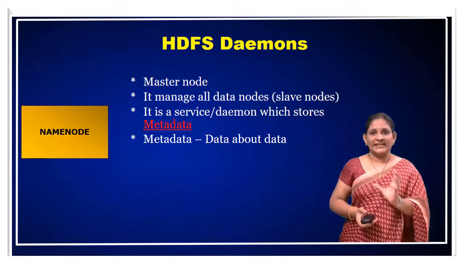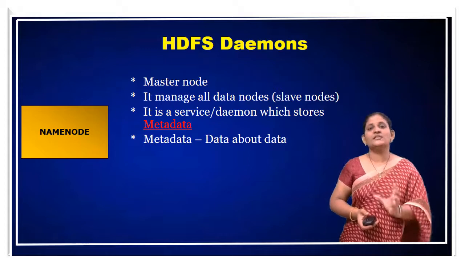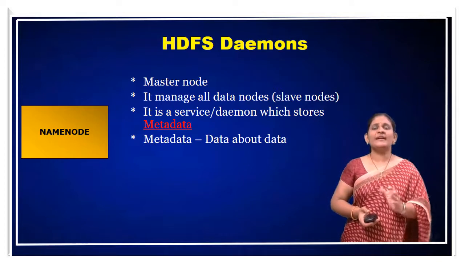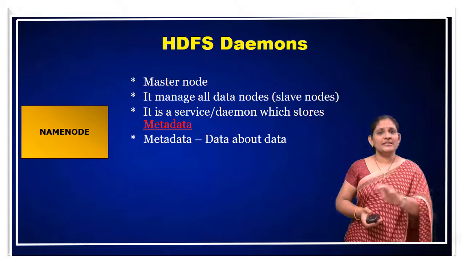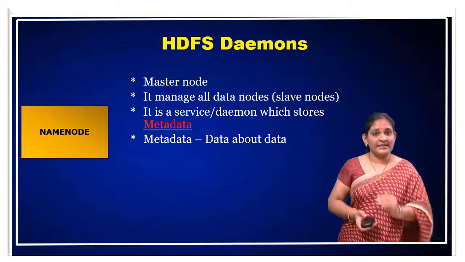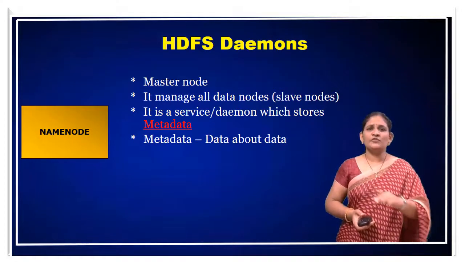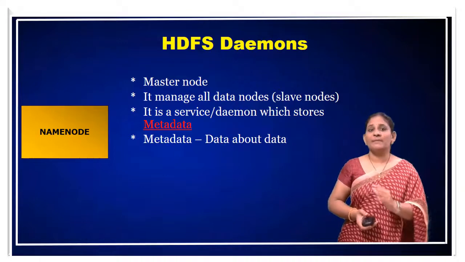The original data, here the file data, is stored in the data nodes. The data nodes will be many, like 100, 200, 300 and so on.